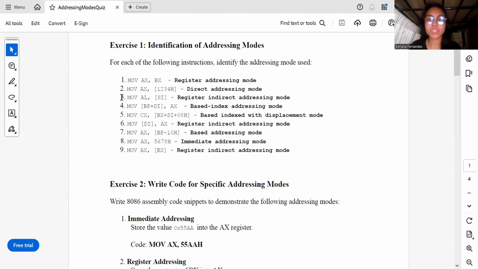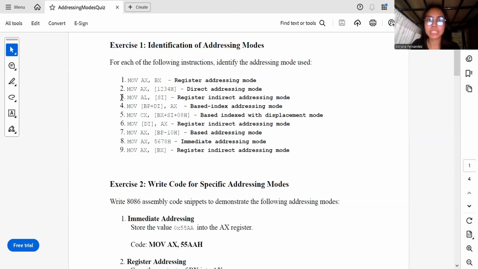Number 7, move the value from the memory location calculated by subtracting 10H from the contents of the BP register into the AX register. So the address is formed by a register, which is the BP, and a displacement. So my answer is based addressing mode. Number 8, move the immediate value 5678H directly into the AX register.